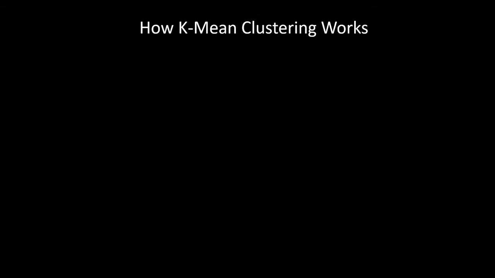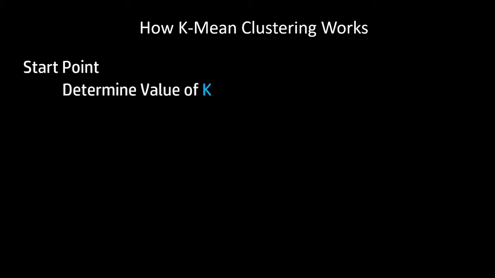Okay, so let's look at how this k-means clustering works. We have our start point, the very beginning of what we're doing. Then we're going to make a preemptive determination of the value of k. Really what I'm saying is you're going to look at the data, see if you can intuitively come up with something, and then take an educated guess.